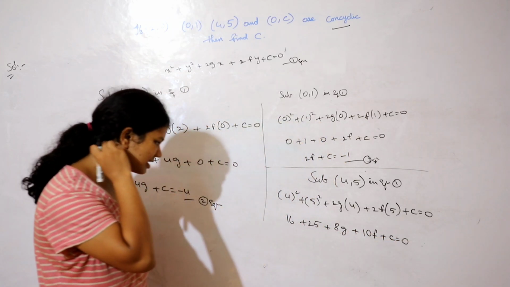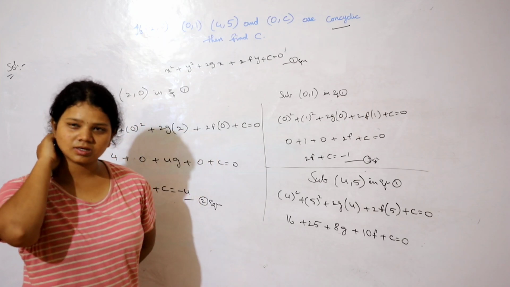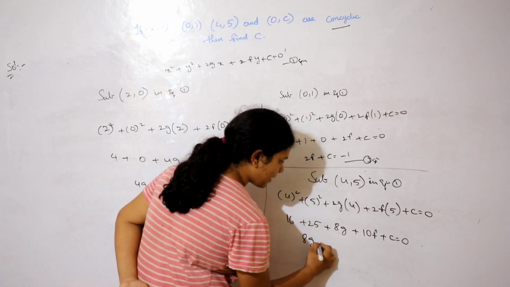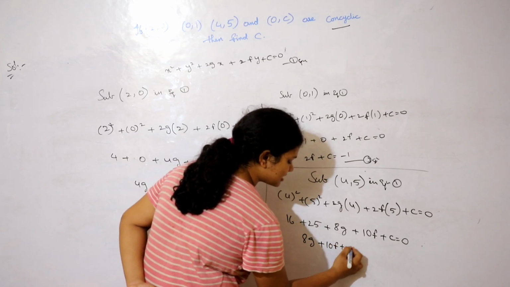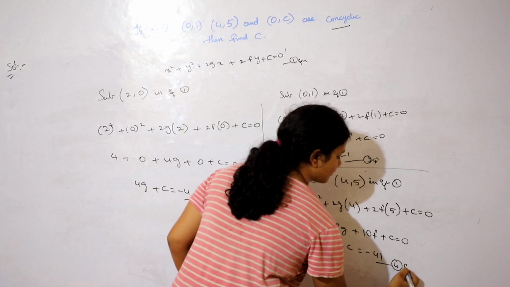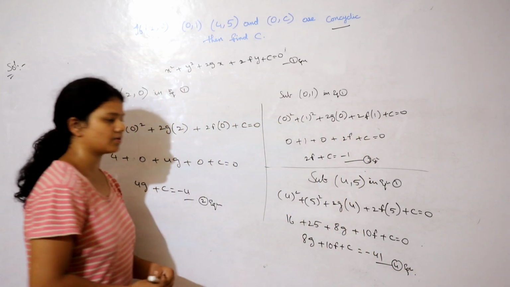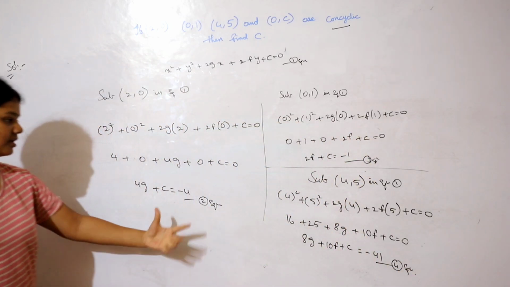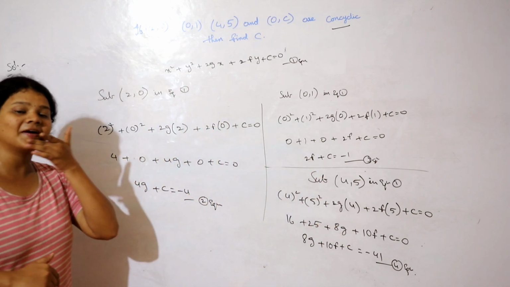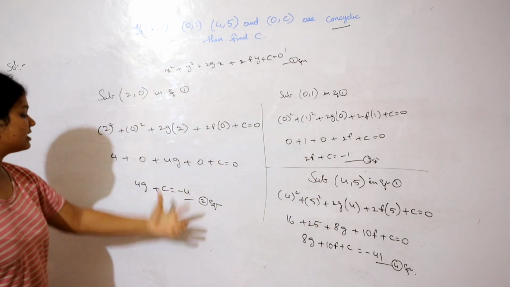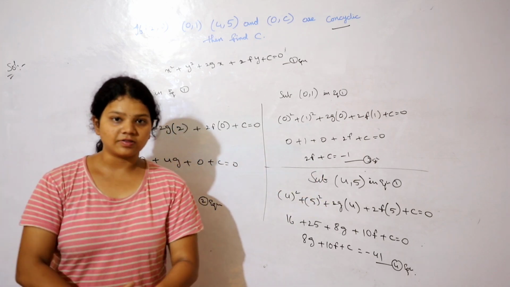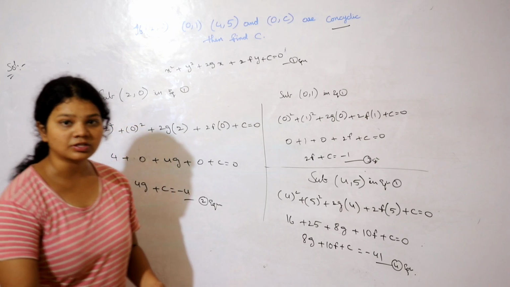Is this clear? 25 plus 16, how much? 41, right? So 8g plus 10f plus c equals minus 41. Let this be the fourth equation. So we got the second, third and fourth equations using these points, as we did in the previous one.